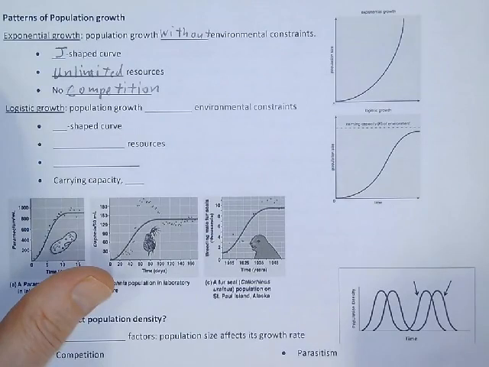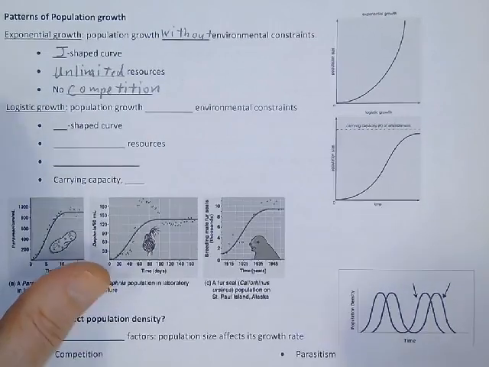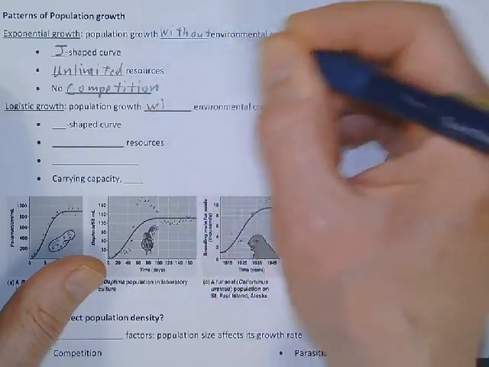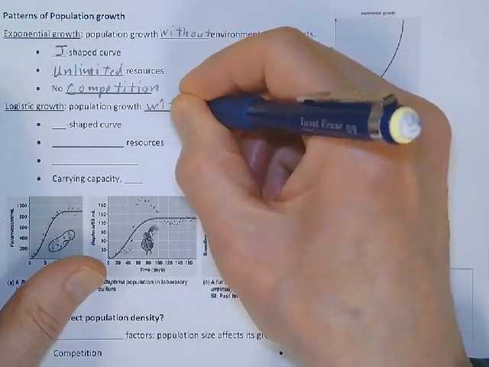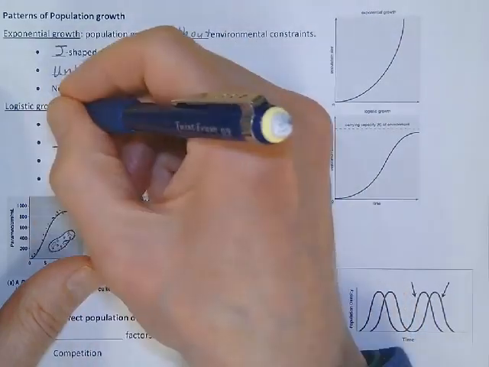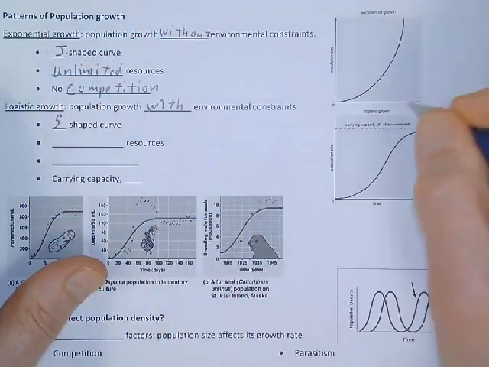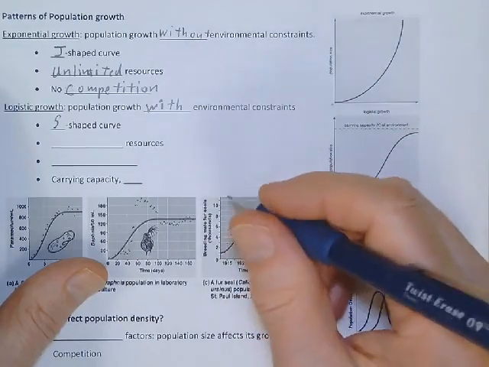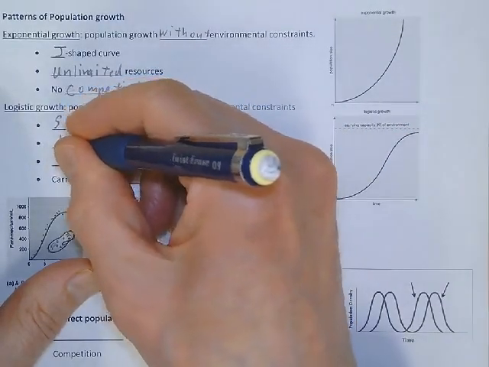Okay, you don't see that in the real world very much, or at least not for very long. What's a lot more realistic is what's called logistic growth. And that's population growth with environmental constraints. So that tends to look sort of like an S on its side. So you take the S and kind of turn it. That's what you see. And there are limited resources.